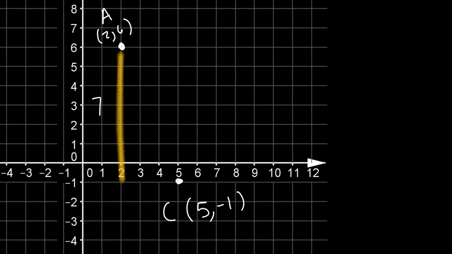I could say, look, the y value at A is 6, and I'm going to subtract from that the y value at C, which is negative 1, and 6 minus negative 1 is 6 plus 1, which is 7. So that's a change of 7. And horizontally, I'm going from an x value of 2 at A to an x value of 5 at C. So that changes by 3 units.